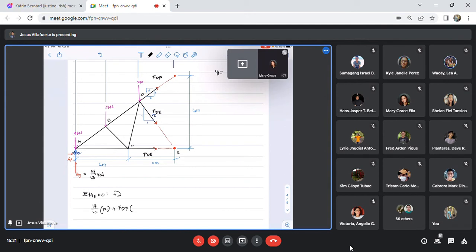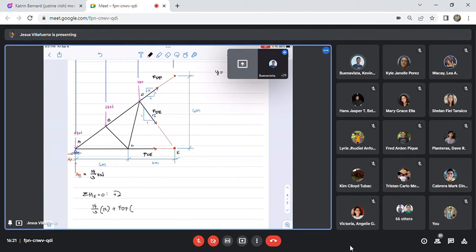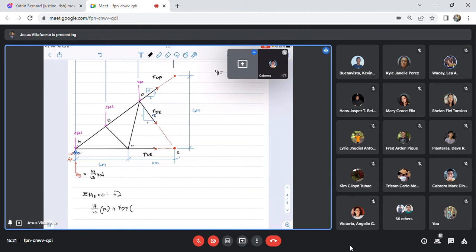Think of it. 1 over square root of 5, or square root of 2, sir. No, you're talking about 1 over the square root of 5, that is the vertical component of FDF. I'm talking about the FDF itself.